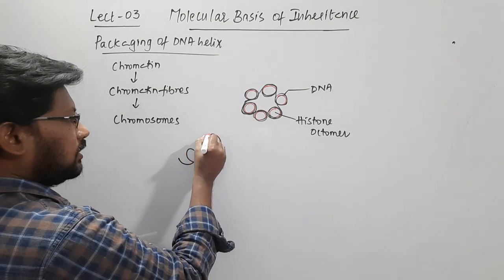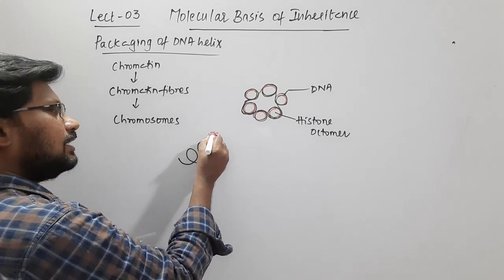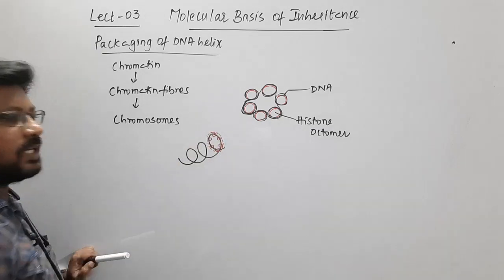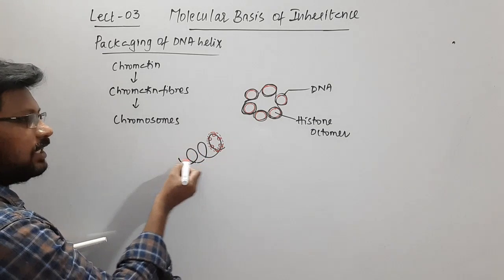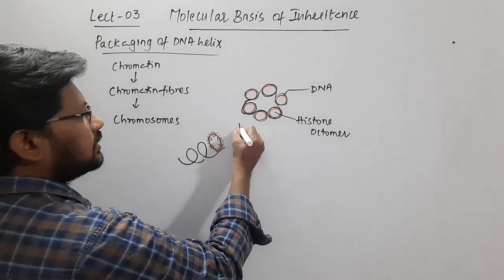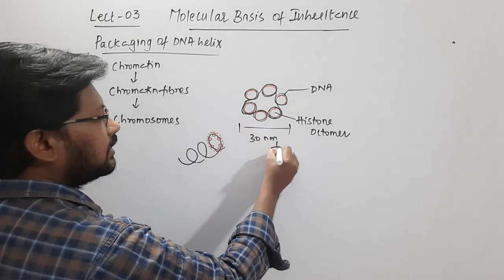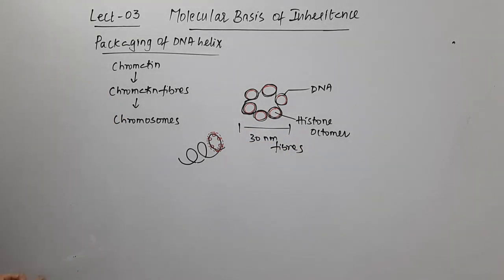This dotted one which I am showing here has 1 2 3 4 5 6 histones, and it will be seen all in this way here. This forms something called a 30 nanometer fiber.